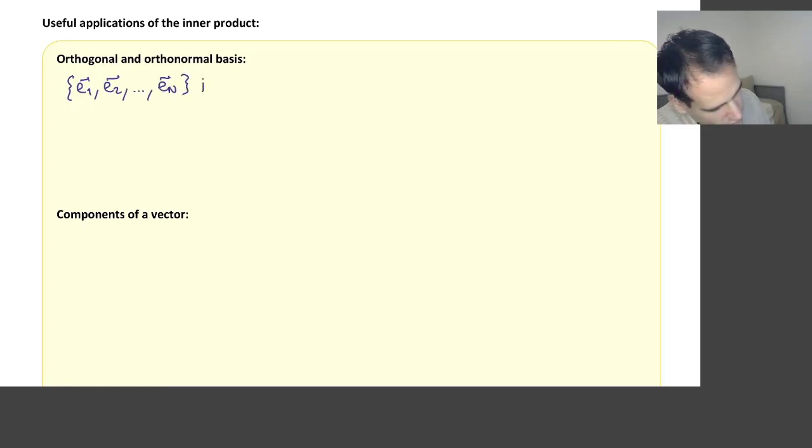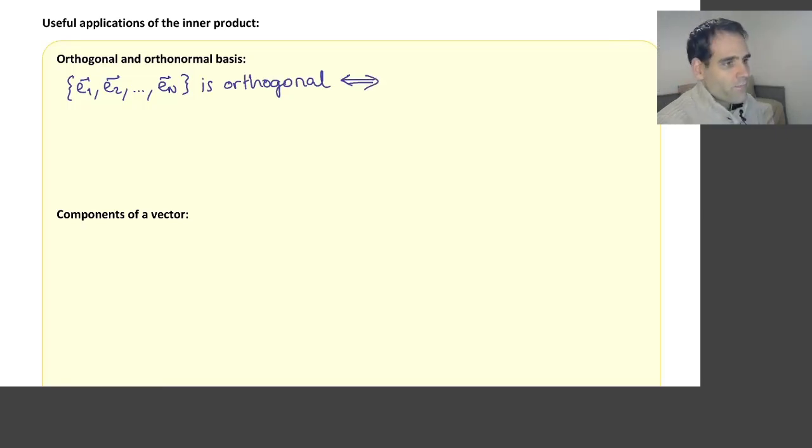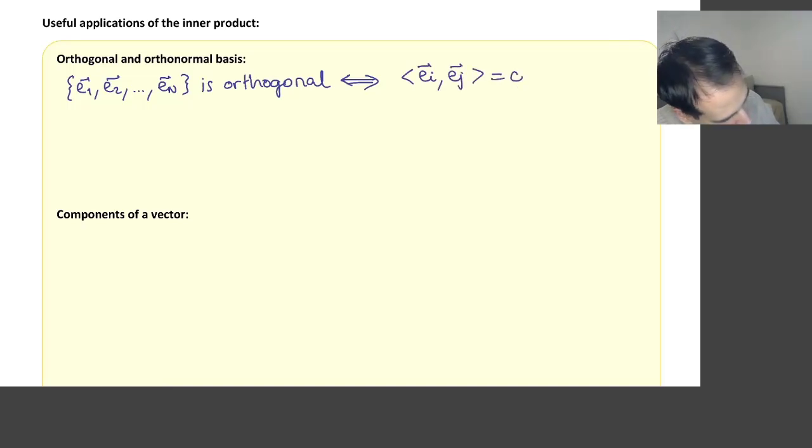This basis is an orthogonal basis if and only if the inner product between any two vectors is equal to 0, as long as the vectors are not the same vector, as long as i is different to j.